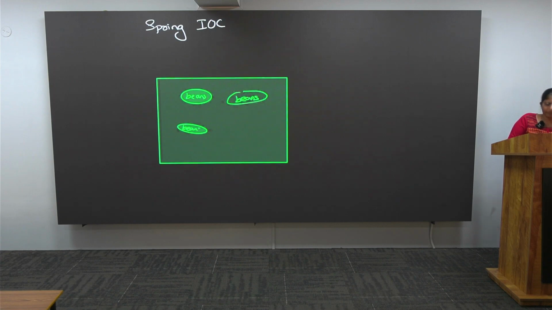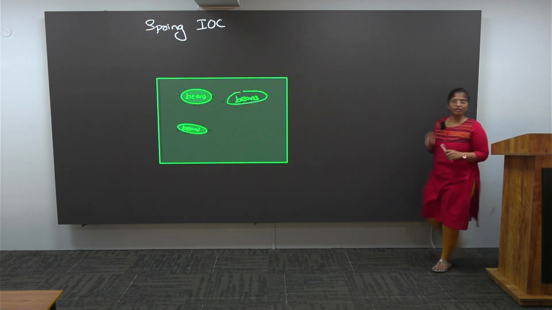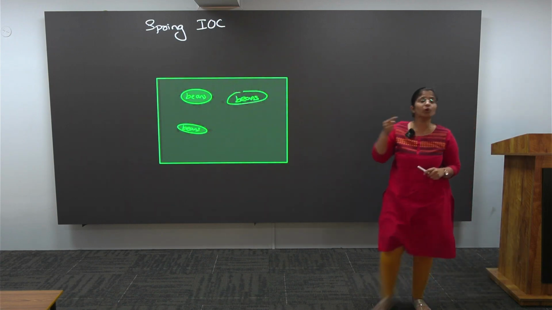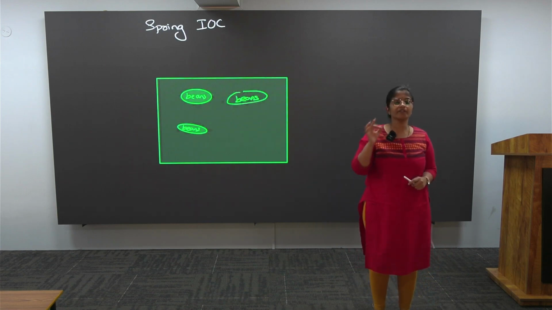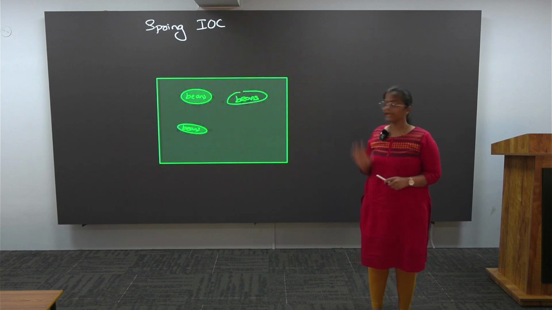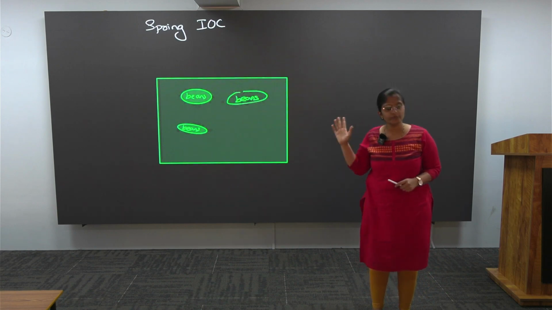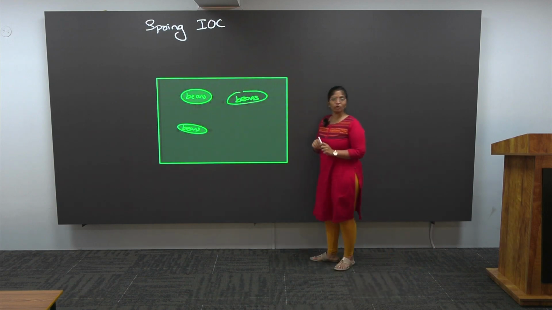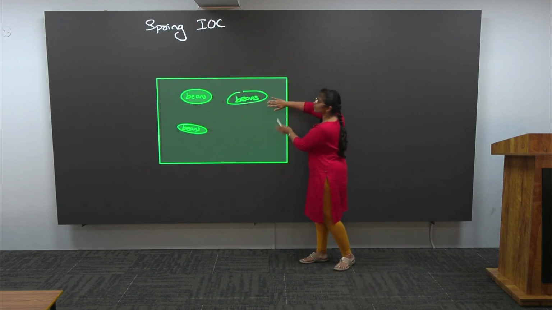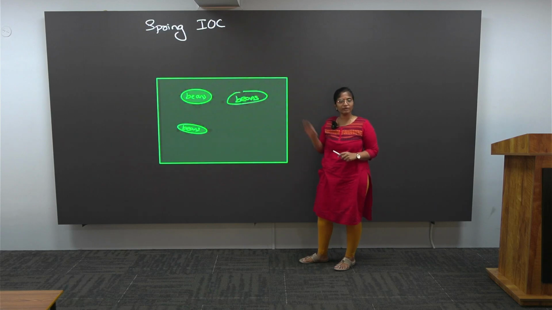What are these beans, if you ask me? Bean is one more name for object. When it comes to Spring, whenever you hear this word bean, it means I am talking about the object itself. Any object that you are creating from now onwards will get created inside your Spring container.